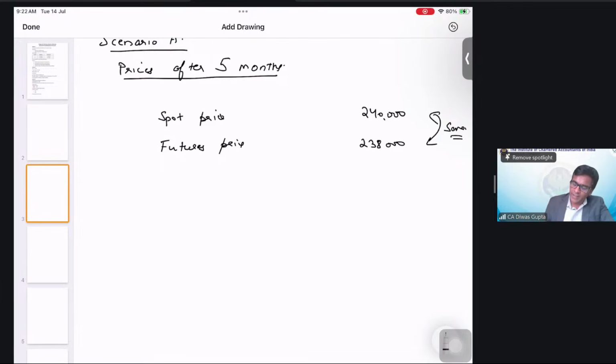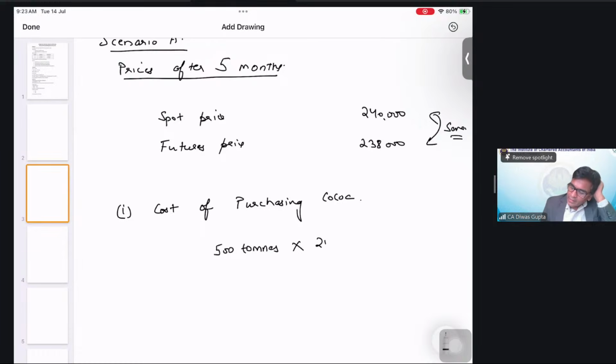So 240 and 238. Now the cost of purchasing cocoa will be what? 500 tons is what we have to purchase, and the spot price will be 2,40,000, students, because this is the price at which we would be purchasing the cocoa, correct?